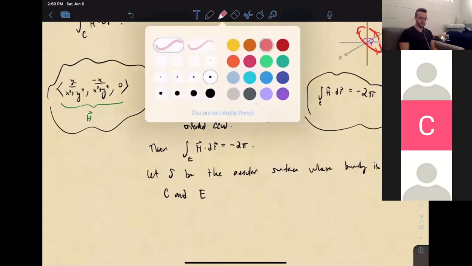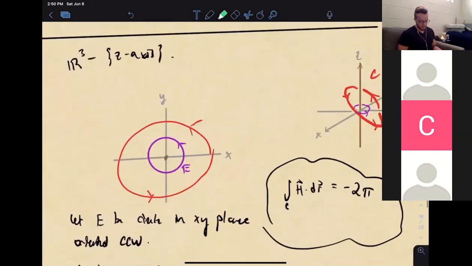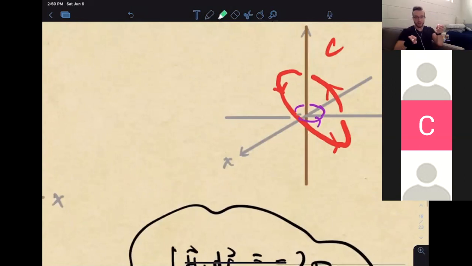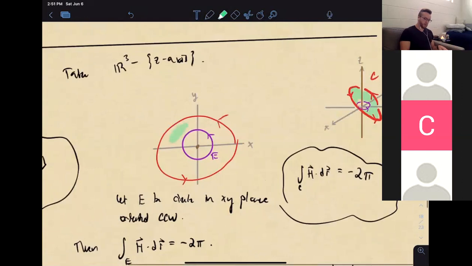There's some surface, which is a little hard for me to draw in the three-dimensional picture, but you can think about it like a weird ring, like a weird annulus that kind of connects these two curves. On the two-dimensional picture, that would look like this. So like the projection of the actual picture would look something like this.